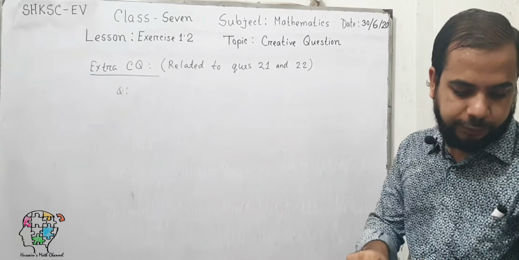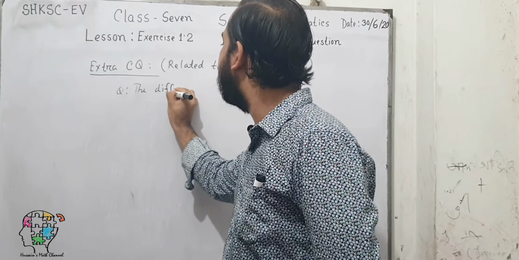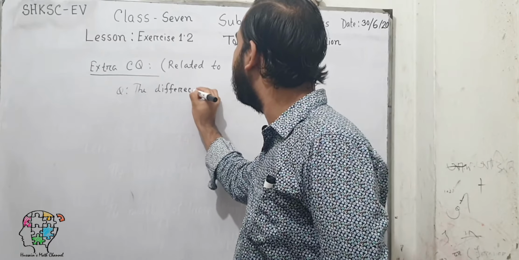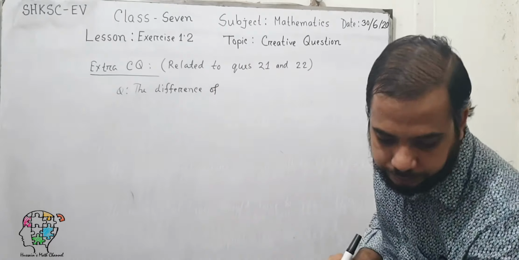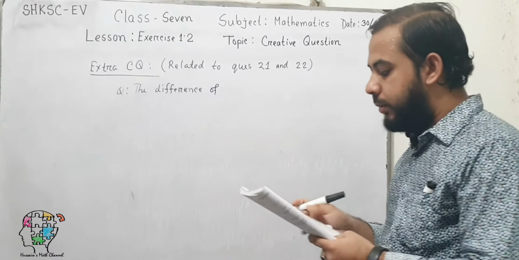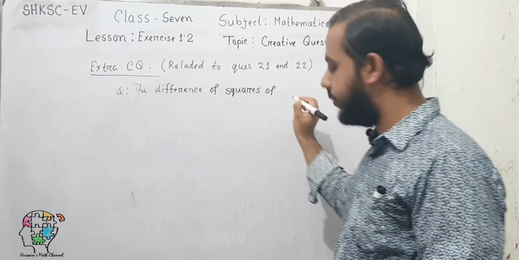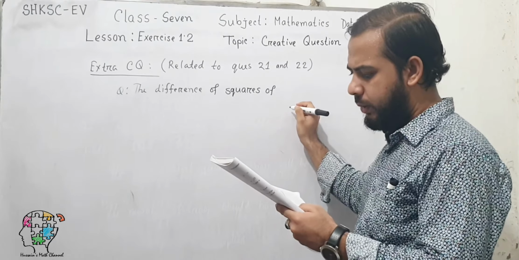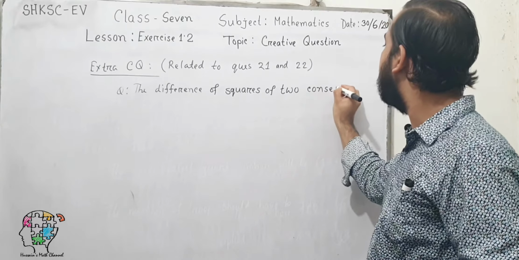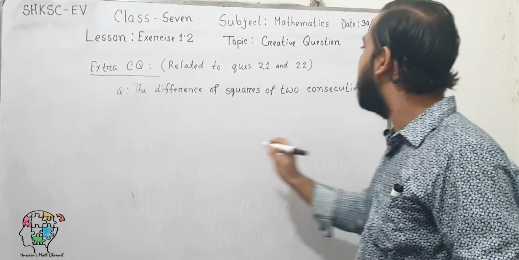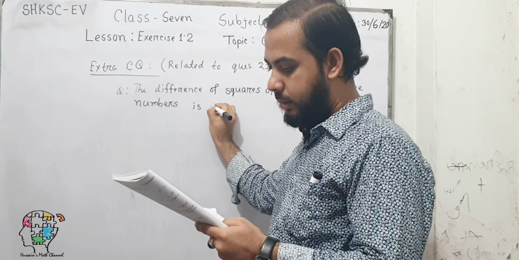I'll give it in written form: the difference of squares of two consecutive numbers is 37.